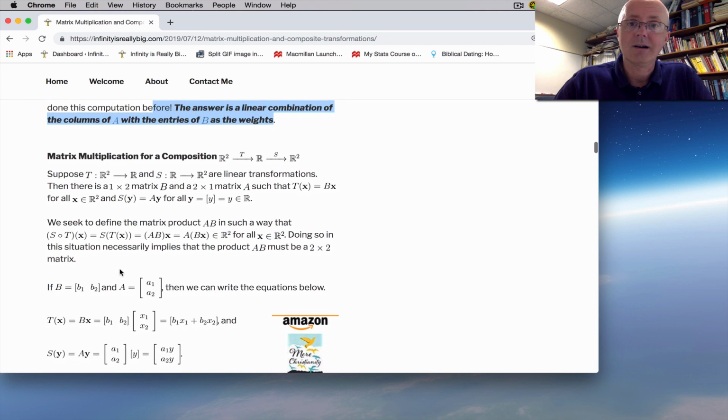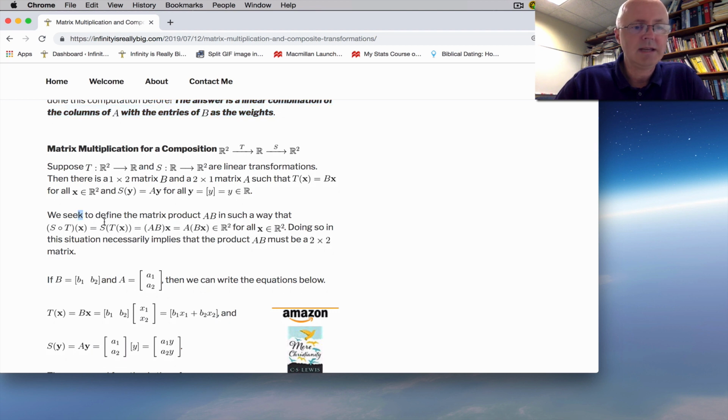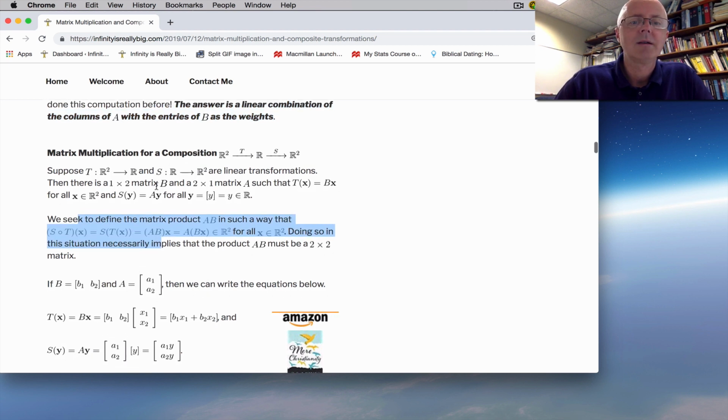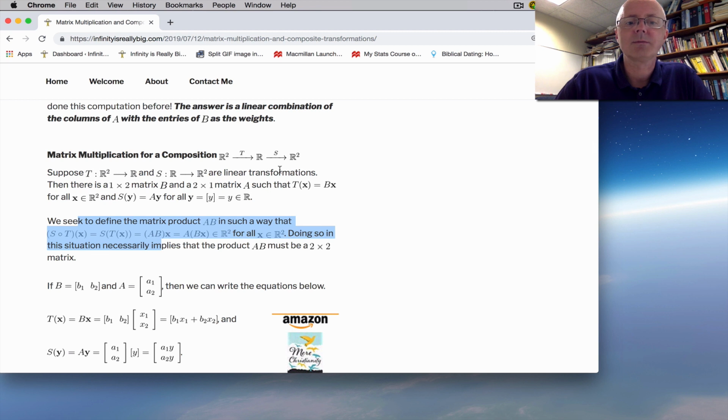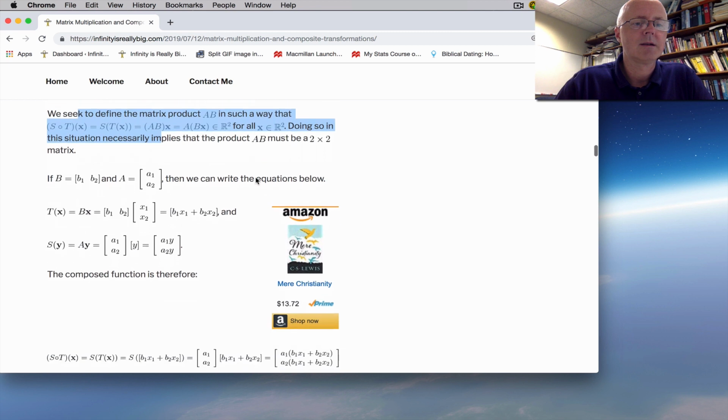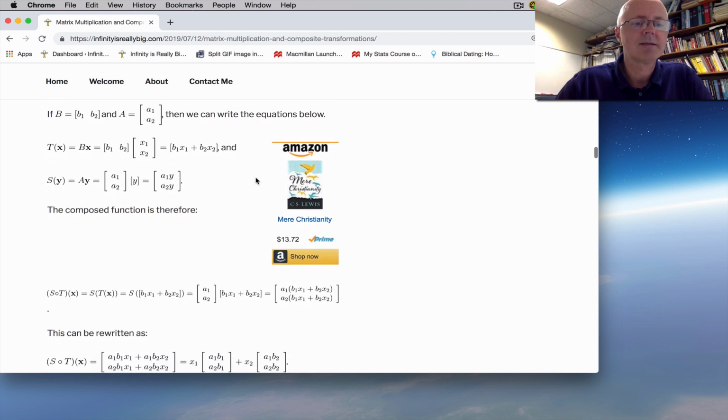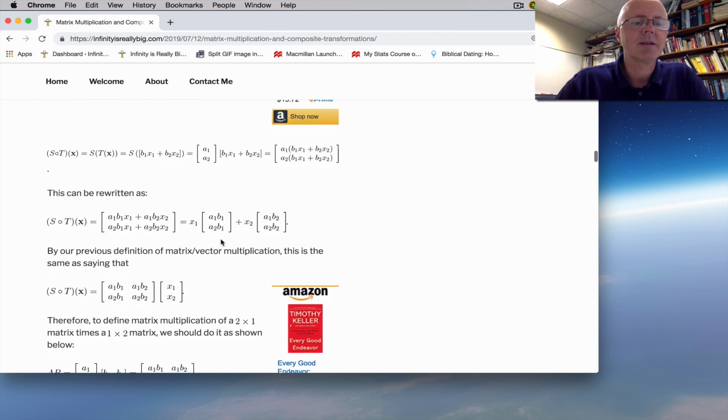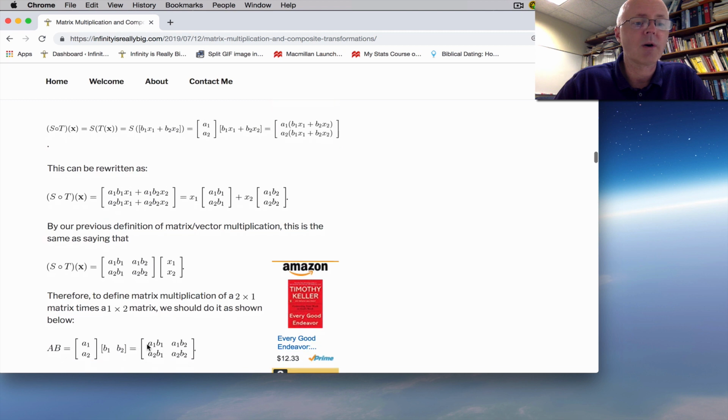Okay, and then it gets a little harder here, but again, here's the key. T goes from R2 to R, S goes from R to R2, the composition goes from R2 to R2. Its matrix has got to be 2-by-2. This section really involves some new ideas. Here's some formulas you should double check. Here's the final calculation that involves a linear combination of some vectors that can be interpreted as a matrix times a vector as before.